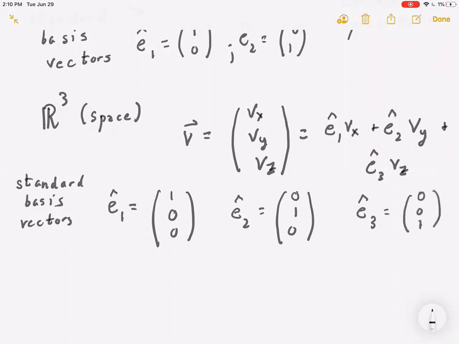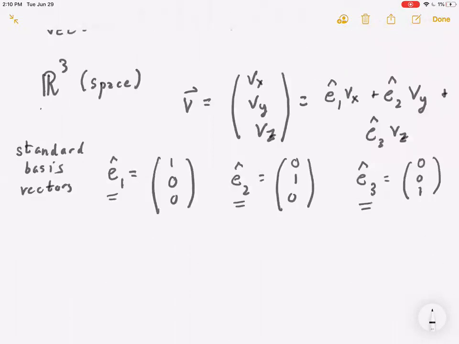So e sub 1 hat, e sub 2 hat, and e sub 3 hat are the 3 standard basis vectors in R3, in 3 dimensions.